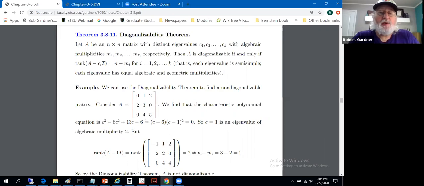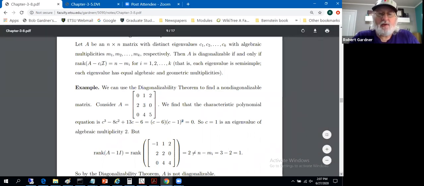N is 3, you're dealing with a 3 by 3 matrix. The multiplicity associated with this eigenvalue is 2. So we get 3 minus 2 equals 1. That's what the n minus m sub i thing is, yet the rank of this matrix is 2. Those aren't equal. It was an if and only if result. This matrix is not diagonalizable.